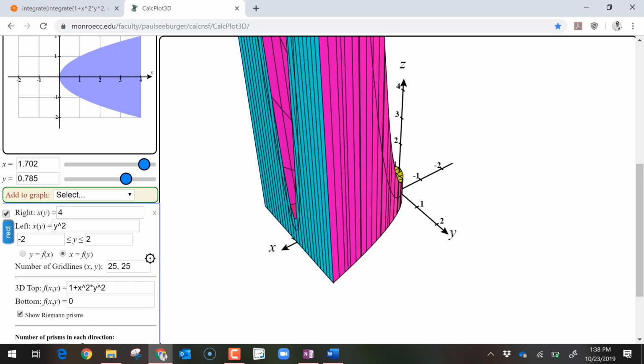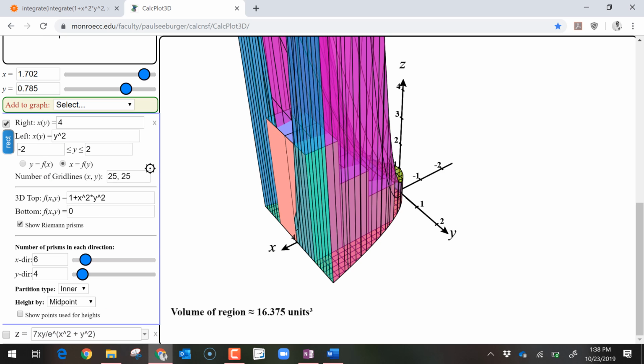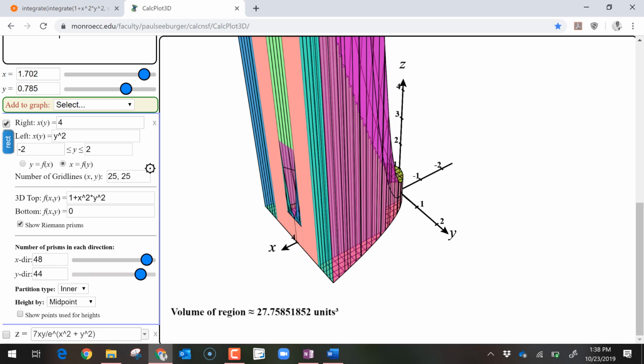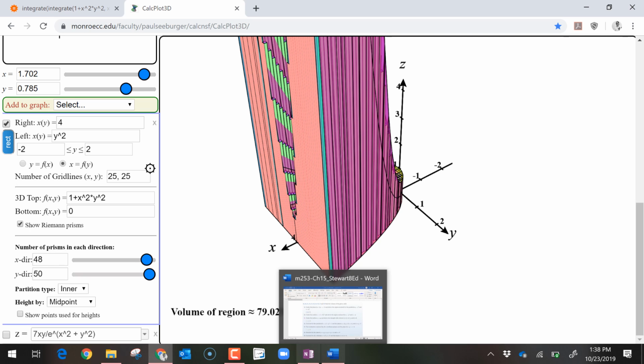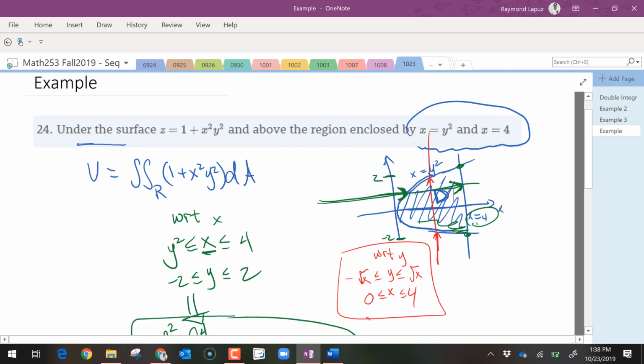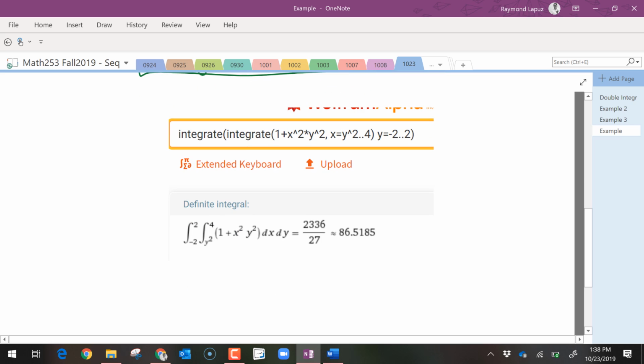If we ask them to show Riemann prisms and then make this, you know, the more partitions you have, the finer you get. Their approximation's about 79-ish. What was the answer that we got? 86.